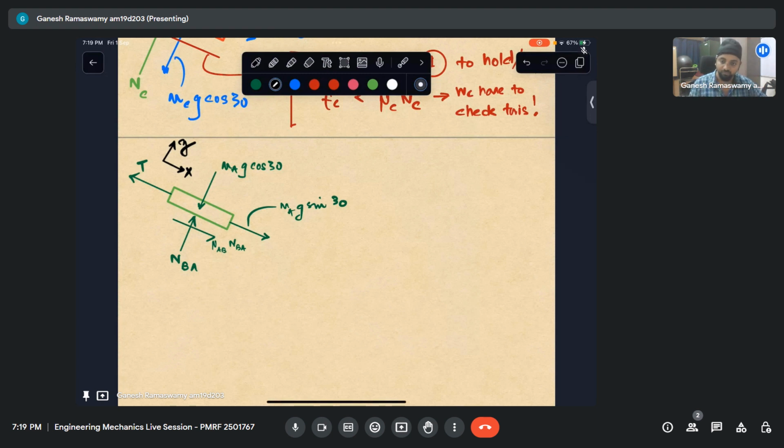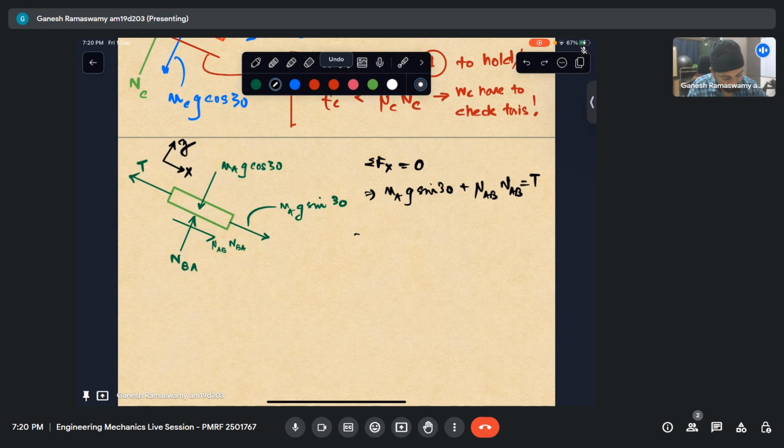So sigma Fx equals 0 gives me m_A g sin 30 plus mu AB N_AB equals T. And if we plug in the values, let us plug in the values later.